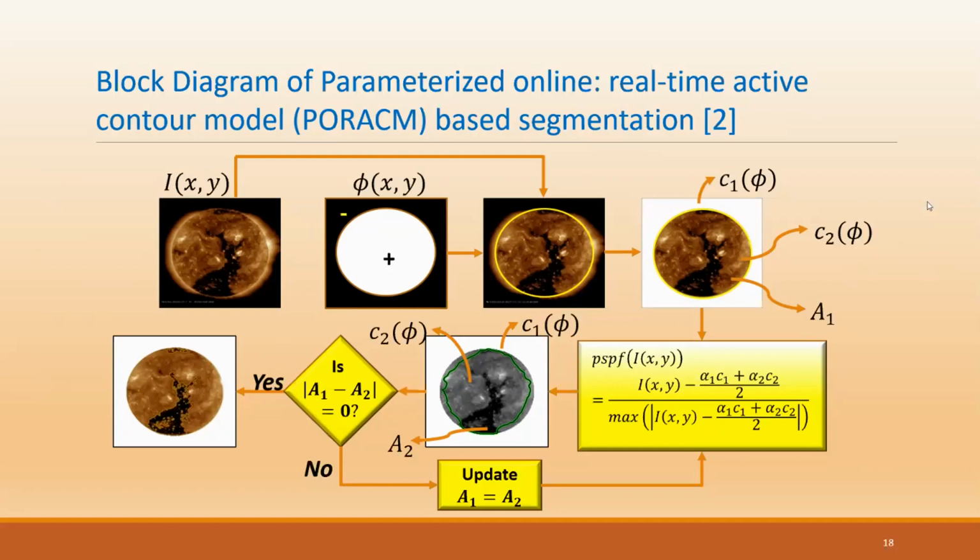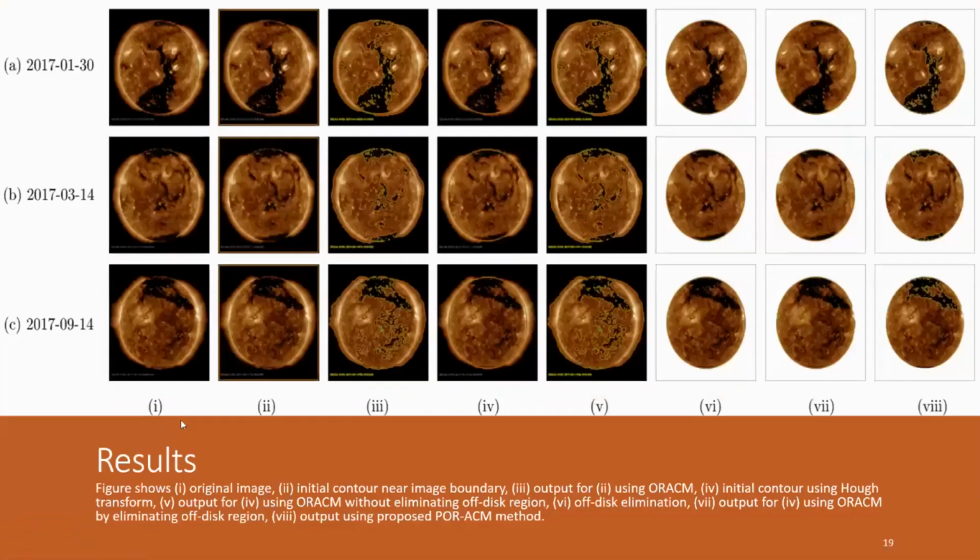So I have removed the region outside this initial contour. And next, based on some formulation, I have made the contour move towards this solar coronal hole region, and ultimately this is the main result which has been detected.